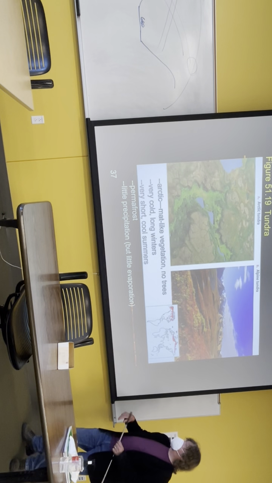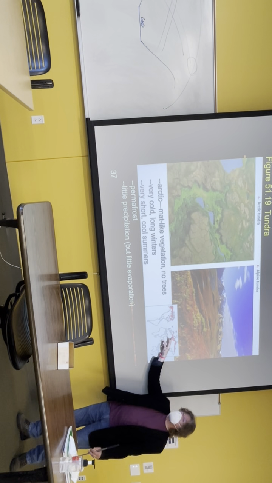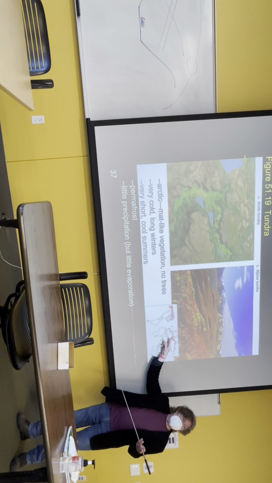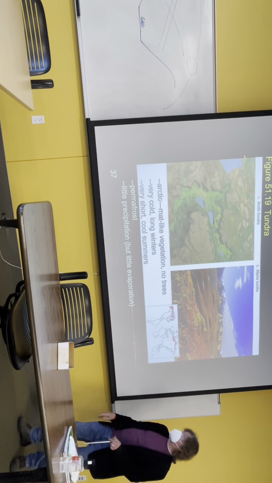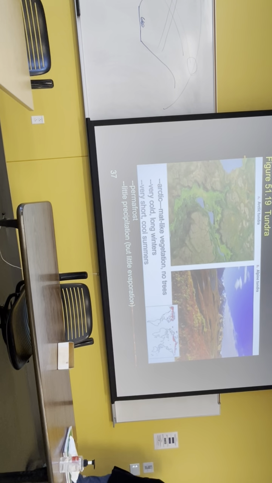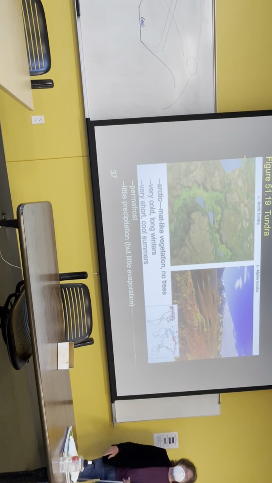And furthermore, we're afraid that there's a lot of vegetation in here that is storing a lot of carbon. And if it starts rotting, decaying, then this is going to be another carbon input into the atmosphere. Okay? All right, so those are the major terrestrial zones.